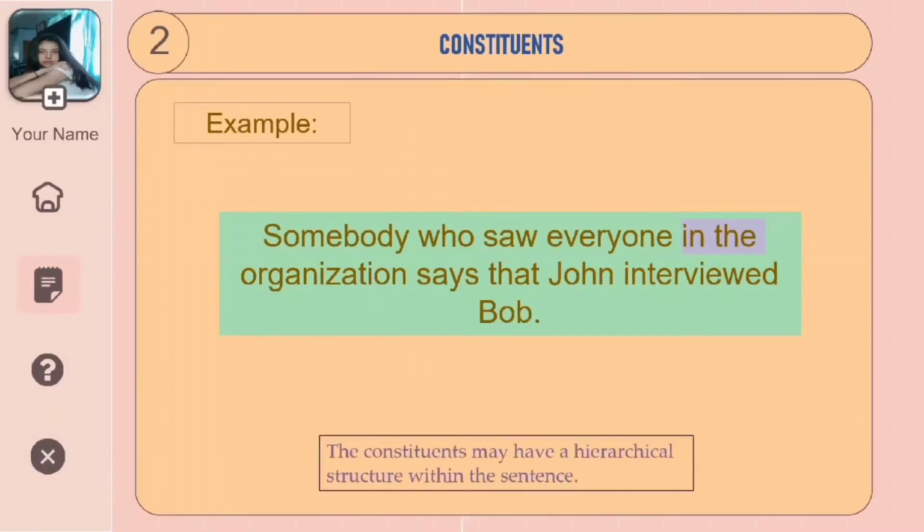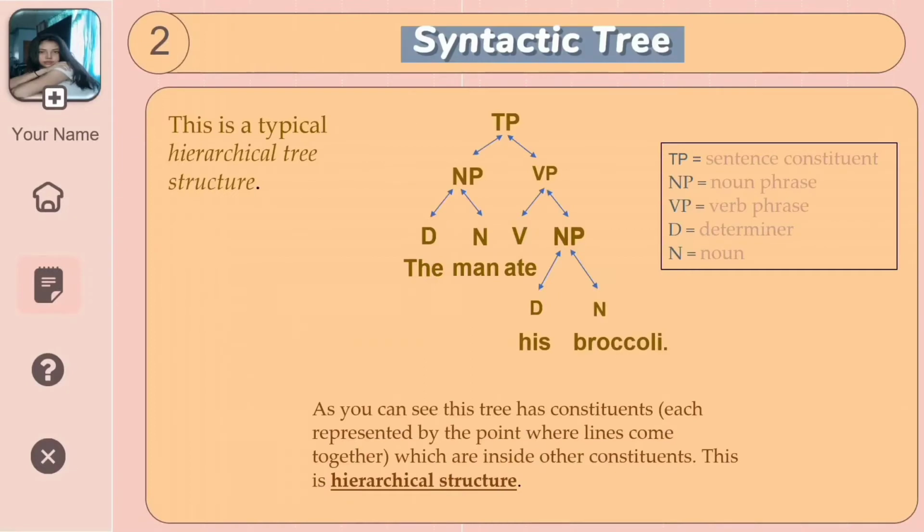Constituents may have a hierarchical structure within the sentence. This means that some constituents, together with each other, may form a bigger constituent first before becoming part of the sentence. Here I have an example of a syntactic tree. We have the sentence "The man ate his broccoli," and we group words together based on whether they are a constituent or not. For instance, we have a noun phrase, "the man," which is grouped together, and then we have a predicate, a verb phrase, "ate his broccoli."